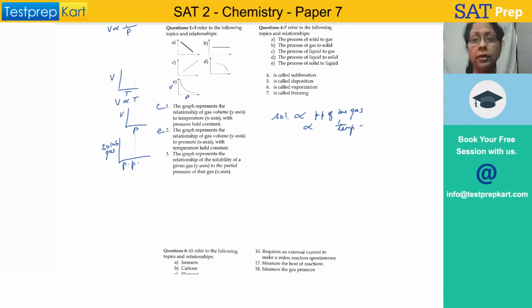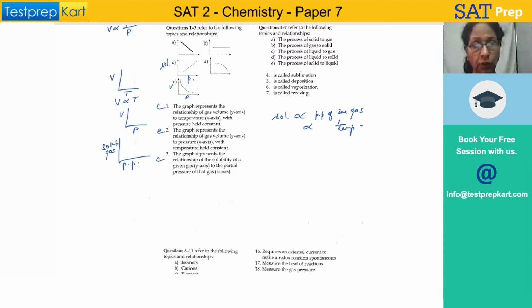So you can see it is directly proportional. So the answer will be C only. Because if you take solubility here and pressure here, both are directly proportional. So the answer will be C.